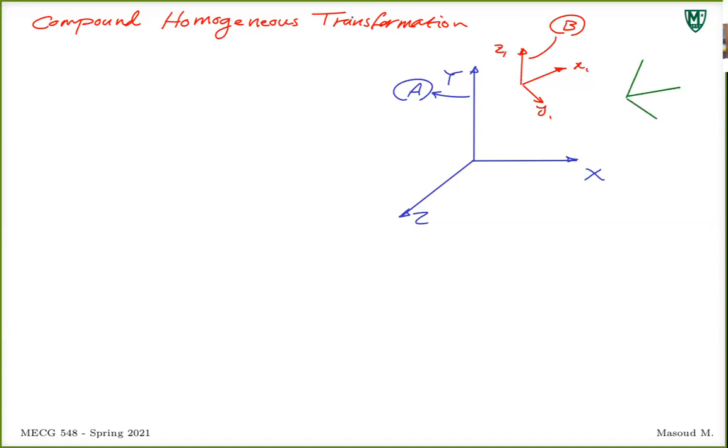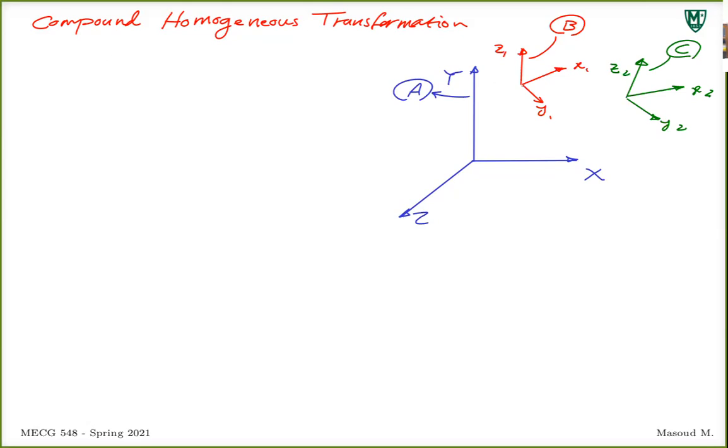And let's call this one X2, Y2, Z2. I call this frame C. So I have a couple of frames. Right now, instead of having G and B, global and body coordinate frames, we have frame A, frame B, and frame C.